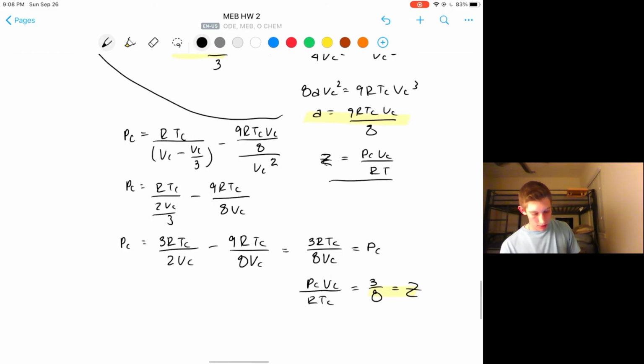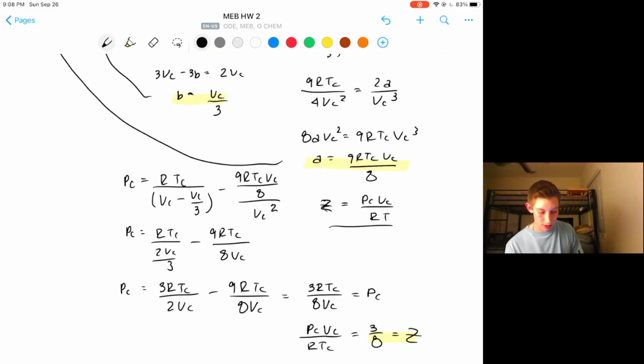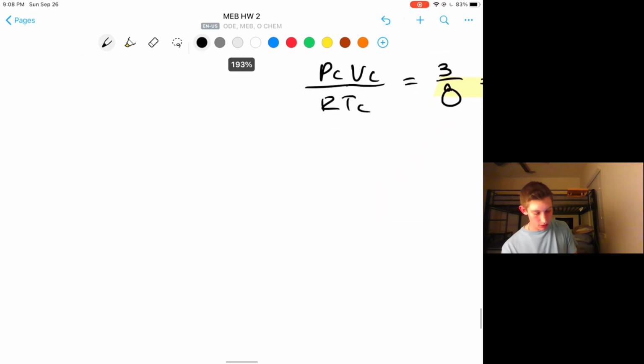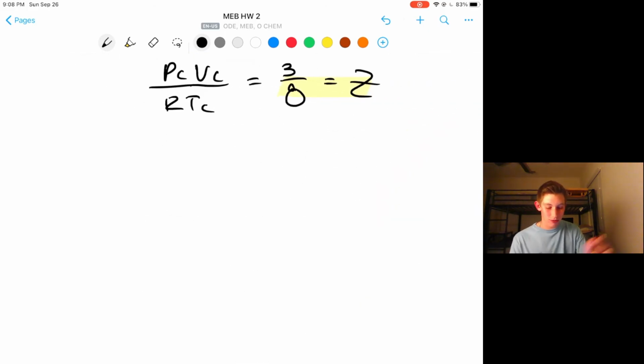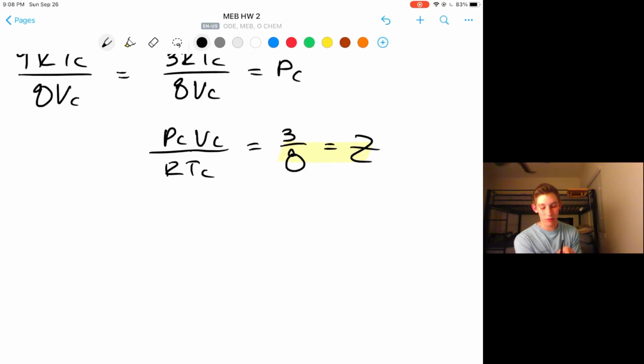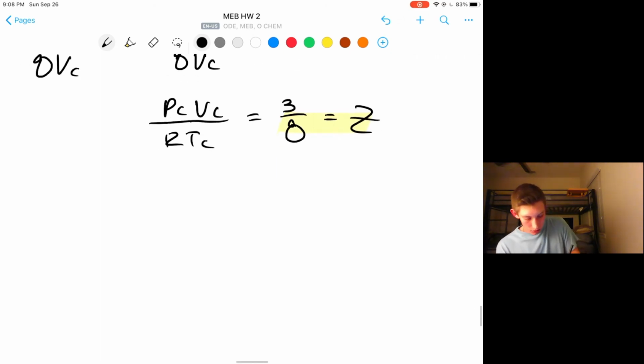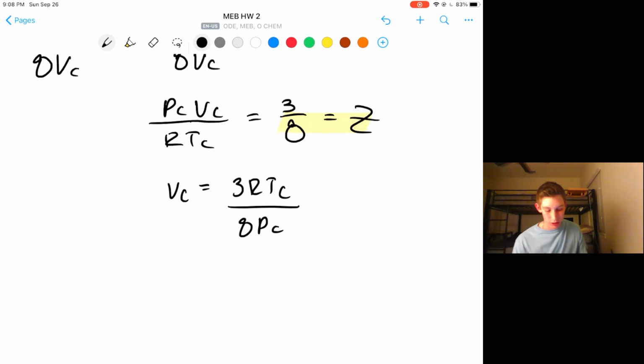So remember that we'll start with B because that's a little less complex. So B equals, actually I'm ahead of myself, we need to get this in terms of our volume. So our critical volume equals 3 times R times the critical temperature over 8 times our critical pressure.